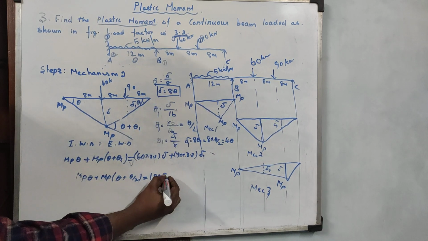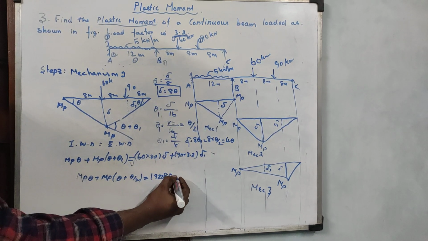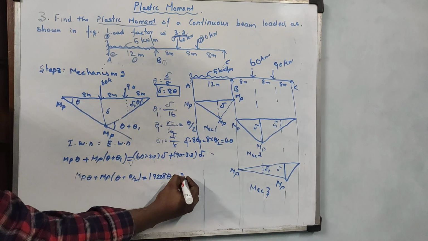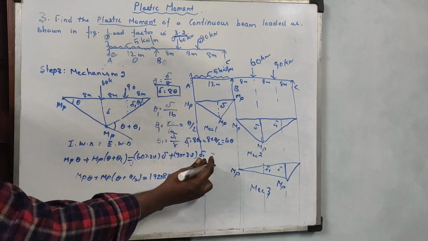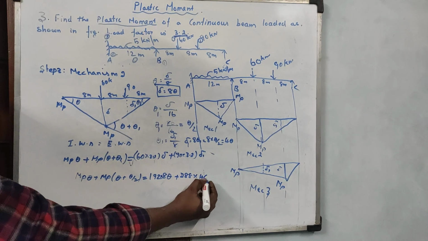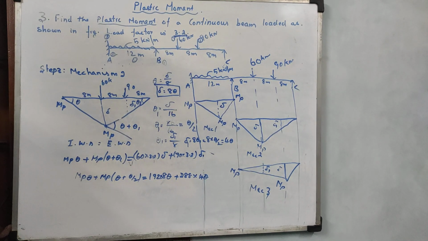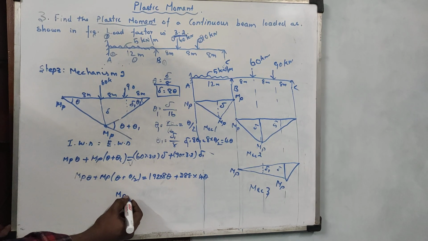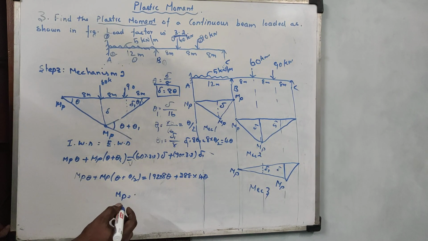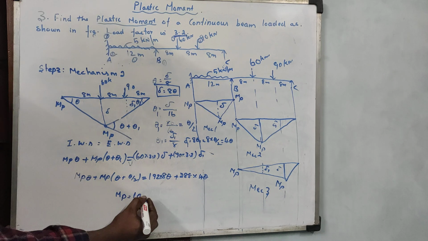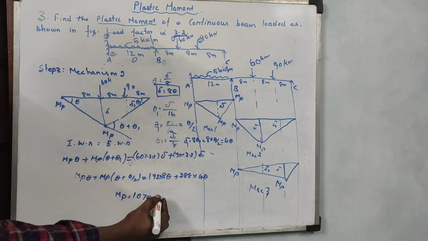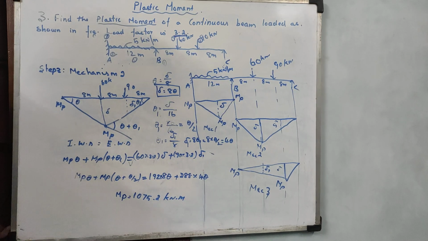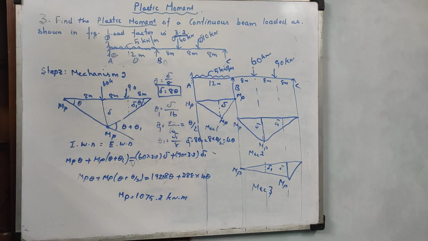It is 8 theta, plus 90 into 3.2, it is 288, into del 1, which is 4 theta. By solving this, we will get MB equal to 175.2 kilonewton meter, right?